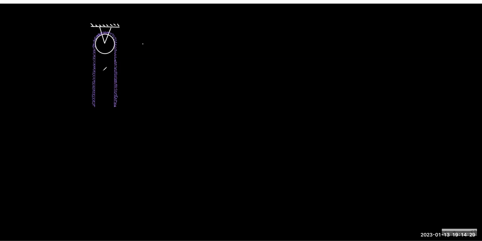So now you can see there is a chain. Ignore the dimension of the pulley, which means assume the radius of the pulley to be like a thin nail hinged into the wall, and a chain is suspended.